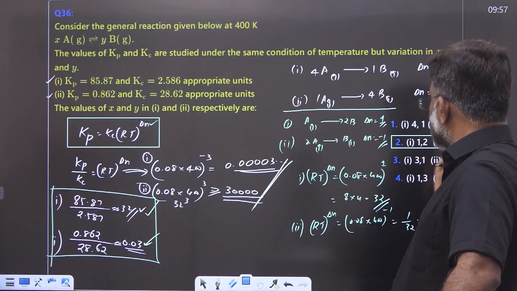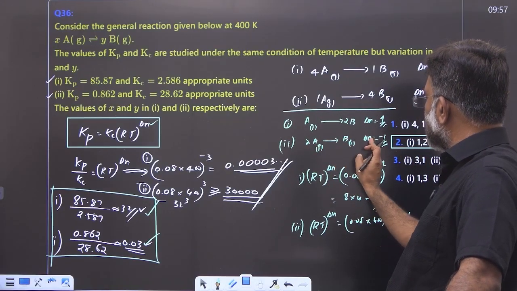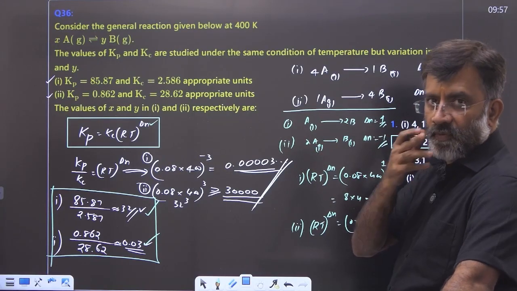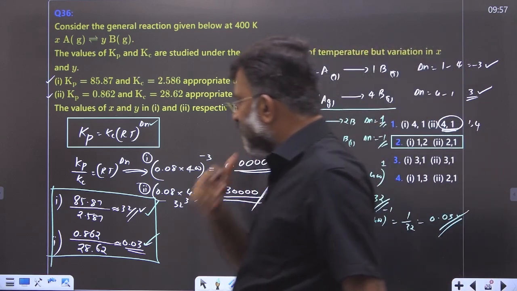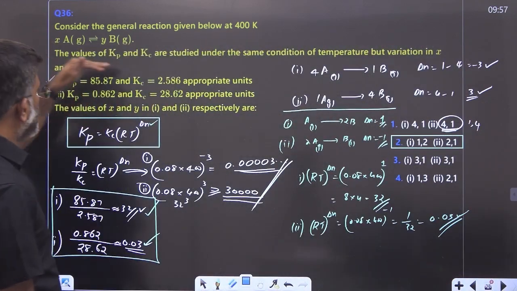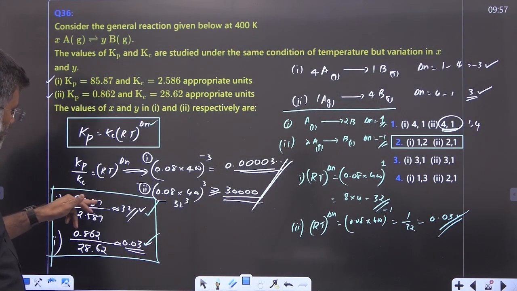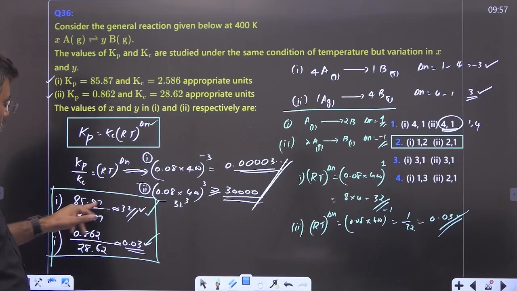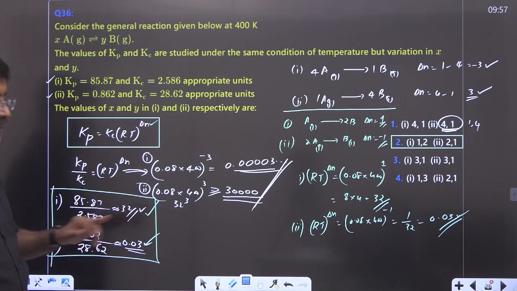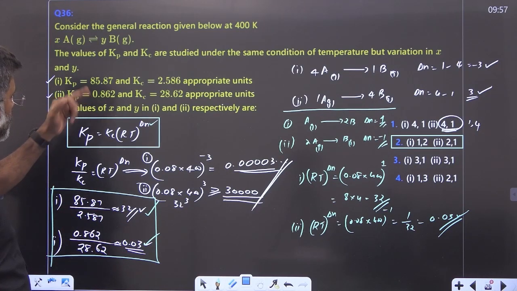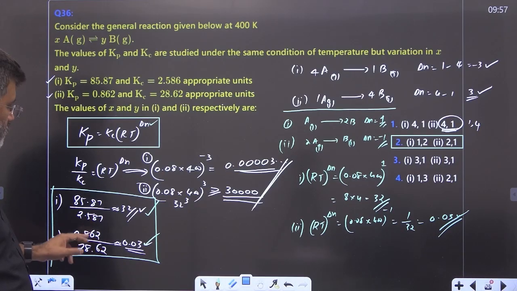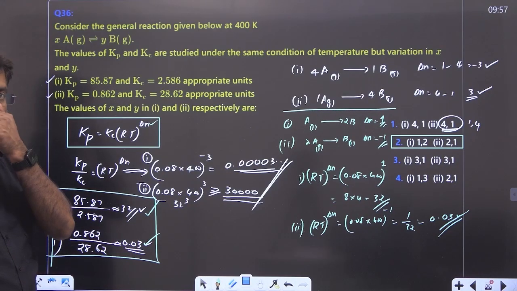And second case 2 1, delta n will be 1 minus 2, that is minus 1. When you figure out the first case, Kp by Kc is 85.87 by 2.5, you get nearly 32. And 0.86 divided by 28.62, you get nearly 0.03.